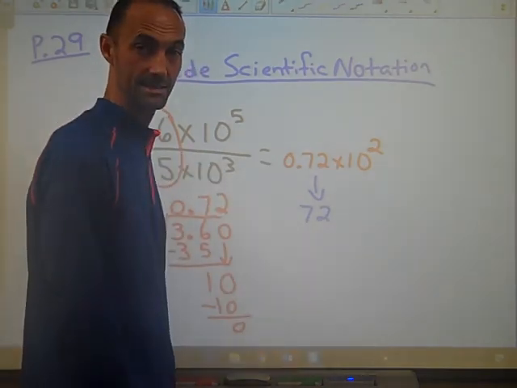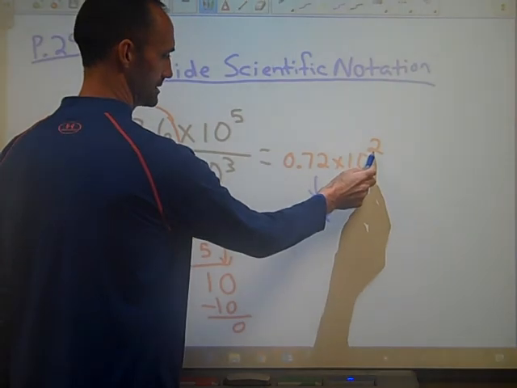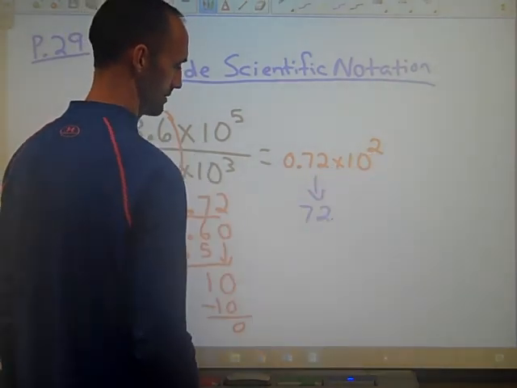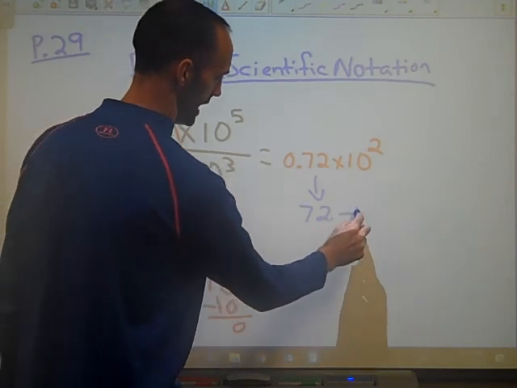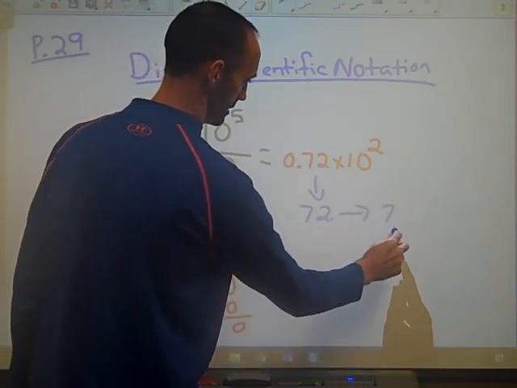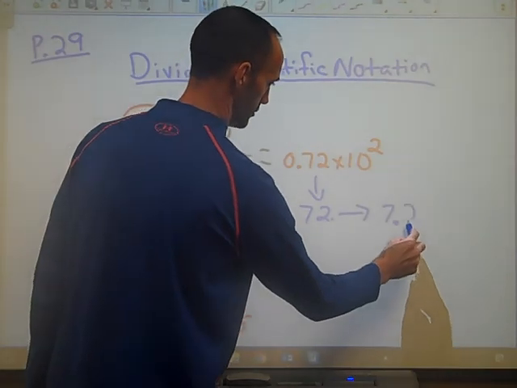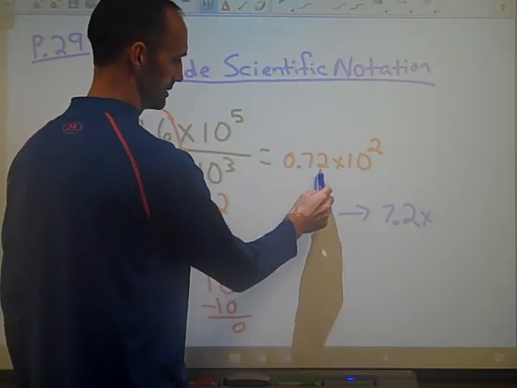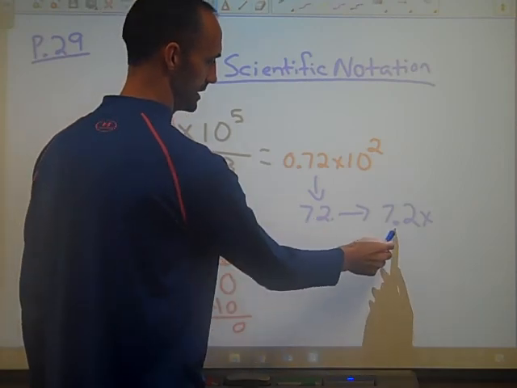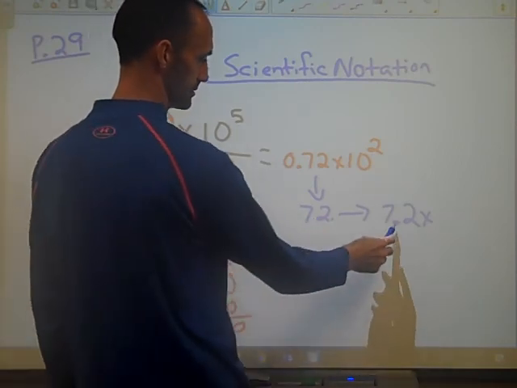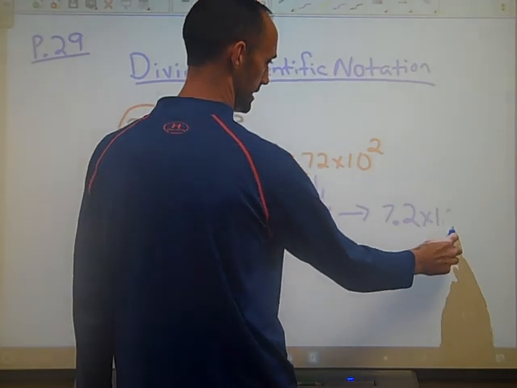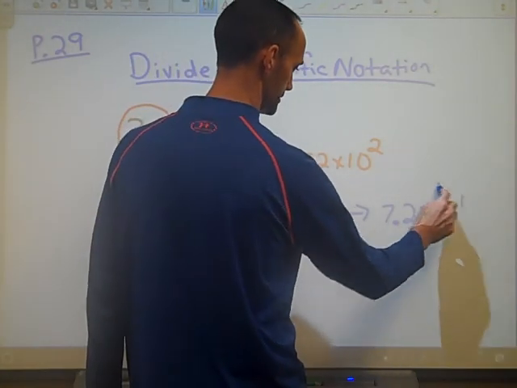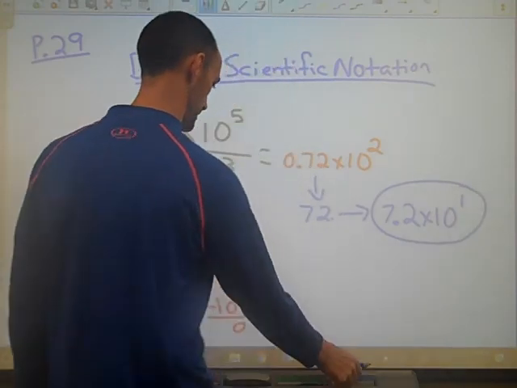We have to write it in standard form. Positive 2. So 1, 2. The decimal is going to go there, which then is going to be 7.2. Remember, we change it to standard, then scientific. 7.2 goes here, 7 times 10 to the, it's going to move one spot to the right.